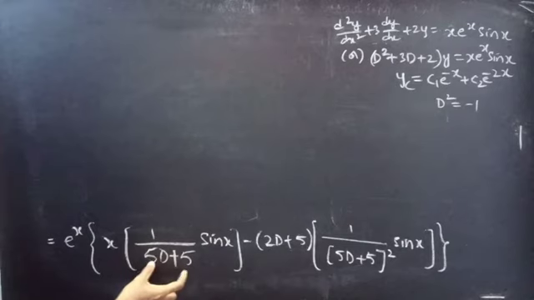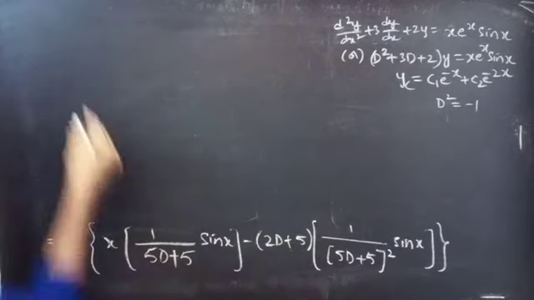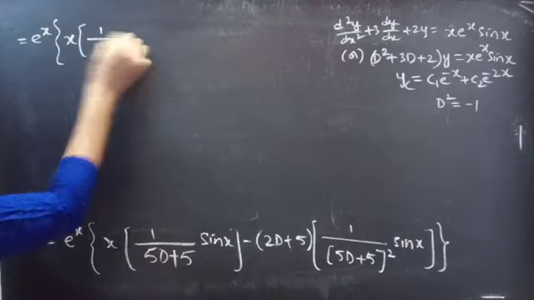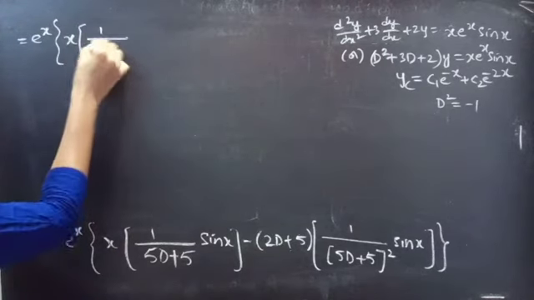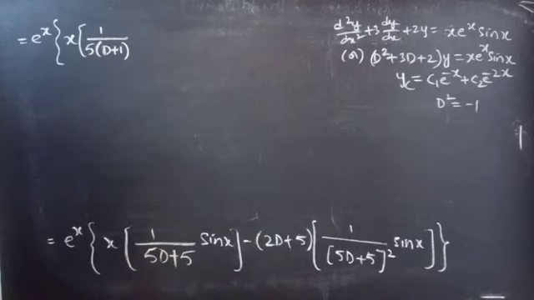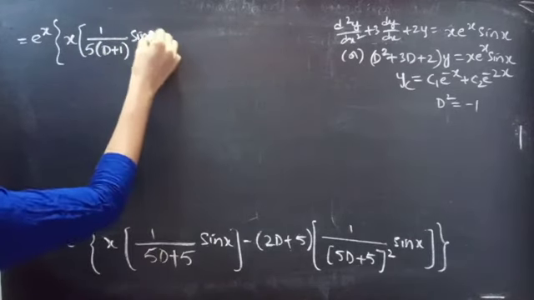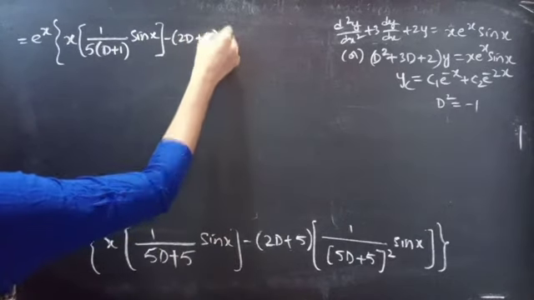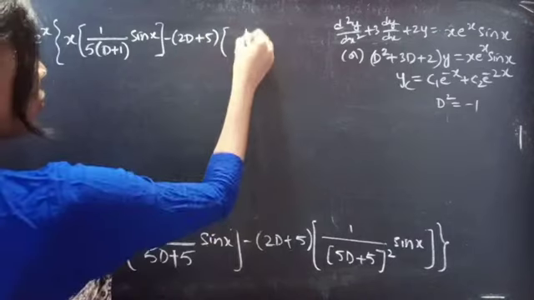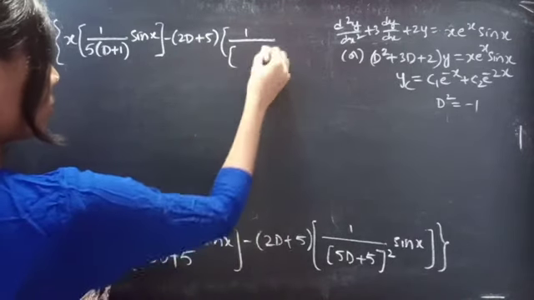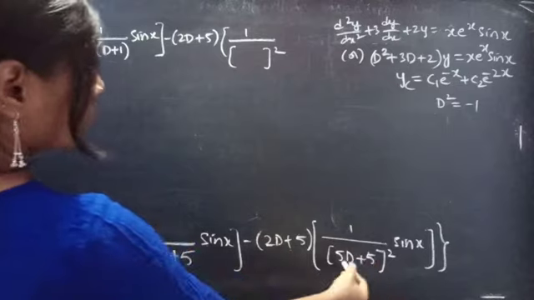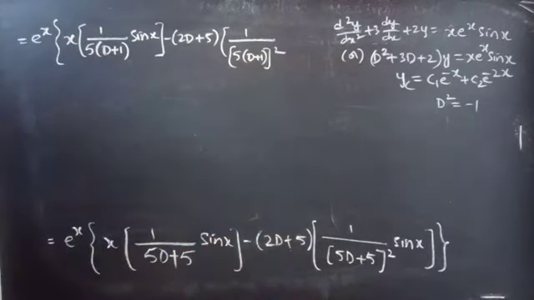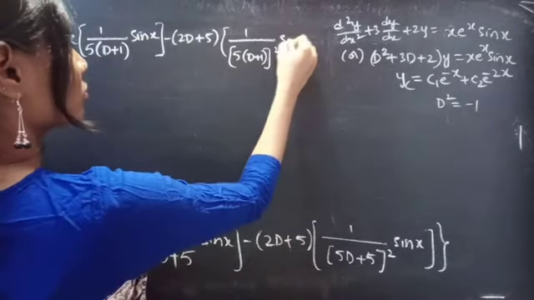Now let's take 5 common from these two terms. We'll get e power x into 1 by 5 times d plus 1 into sin x, minus of 2d plus 5 into 1 by, taking 5 common from these two terms, 5 times d plus 1 whole square into sin x.